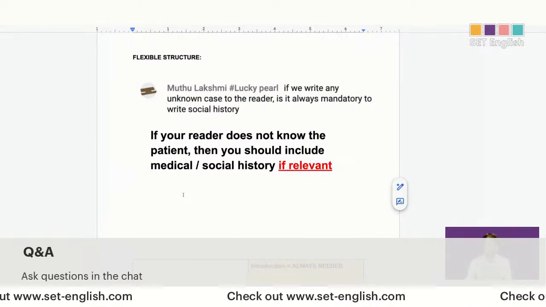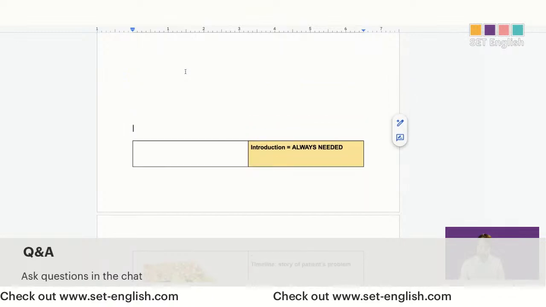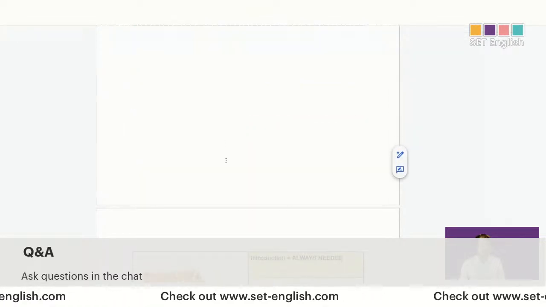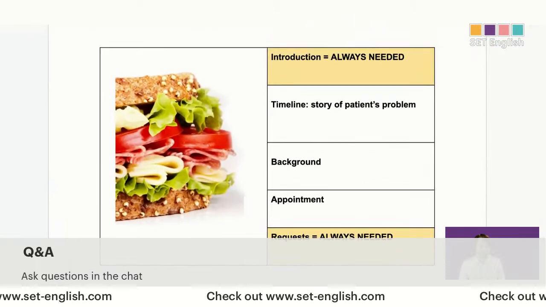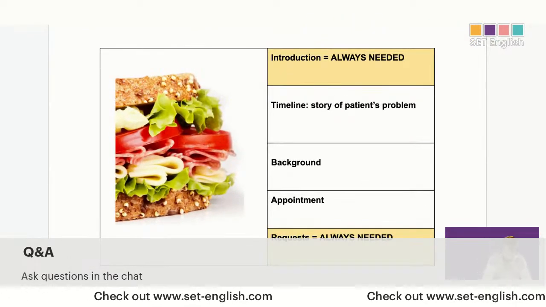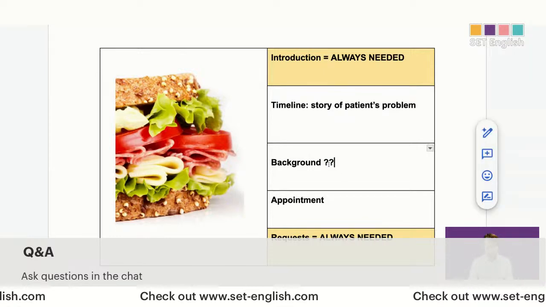Who's your reader? Again, everything comes back to the sandwich idea. We need to be flexible in the sandwich. So always think about your reader. Does the reader know the patient? If he knows the patient, do I need background?